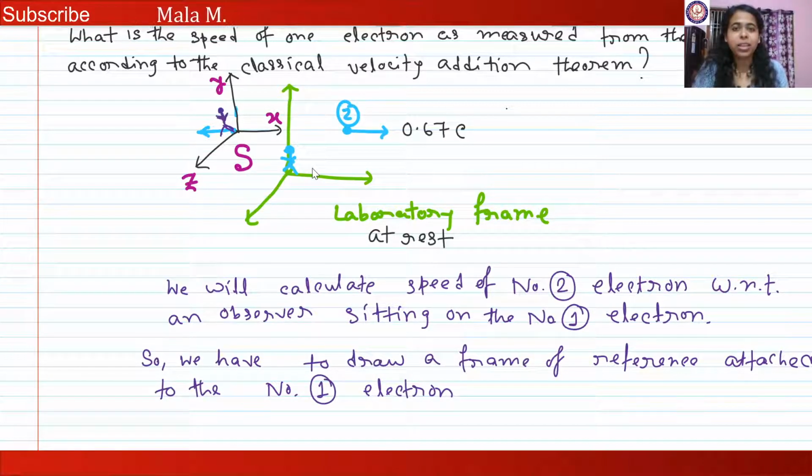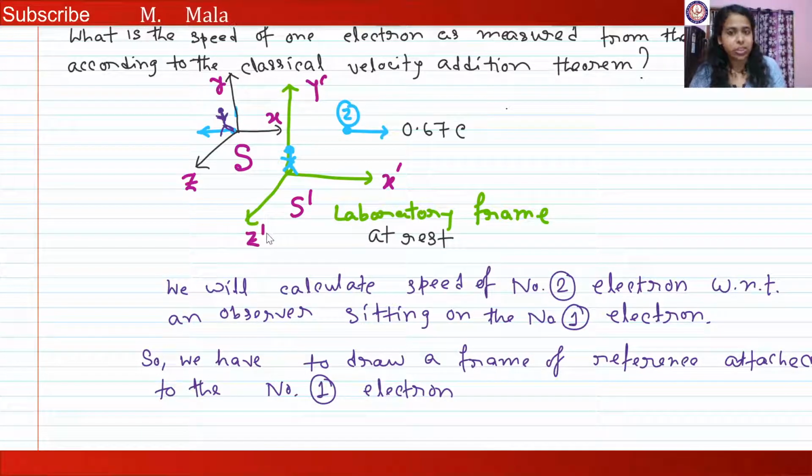We have the data that the speed of the second electron with respect to the laboratory frame is 0.67 c. So we will take the laboratory frame as the S prime frame, with X prime, Y prime, Z prime.